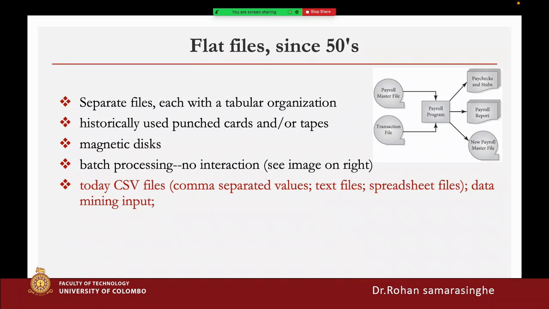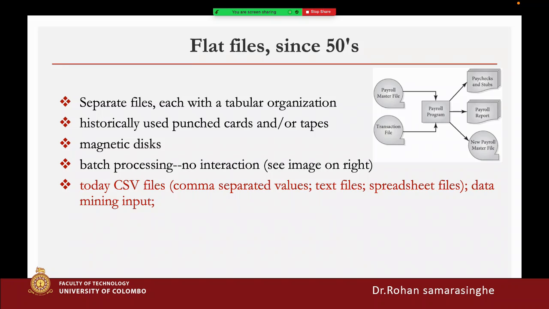Then, I don't know whether you have seen the magnetic discs, the 3.5 and 5.25 inch diskettes. When we were at the university, we used those magnetic discs. But you can store only a limited amount, not like a DVD or CD.